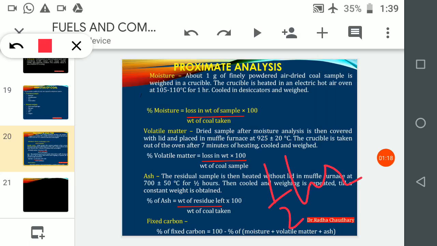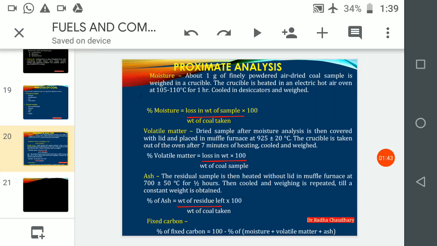Heating, cooling and weighing is repeated till a constant weight is obtained. The residue left in the crucible is ash, and it is determined on a percentage basis. The formula is weight of ash formed upon weight of coal sample taken initially, into 100.